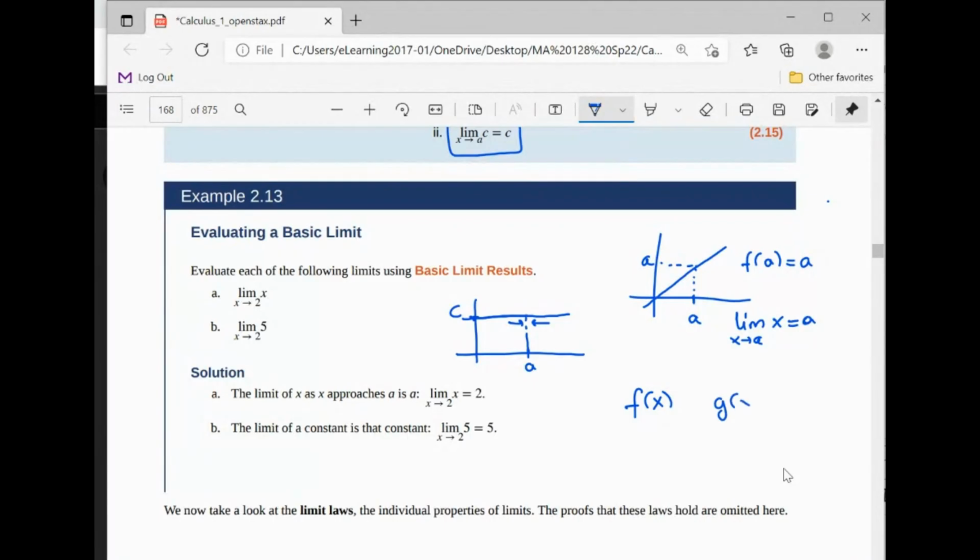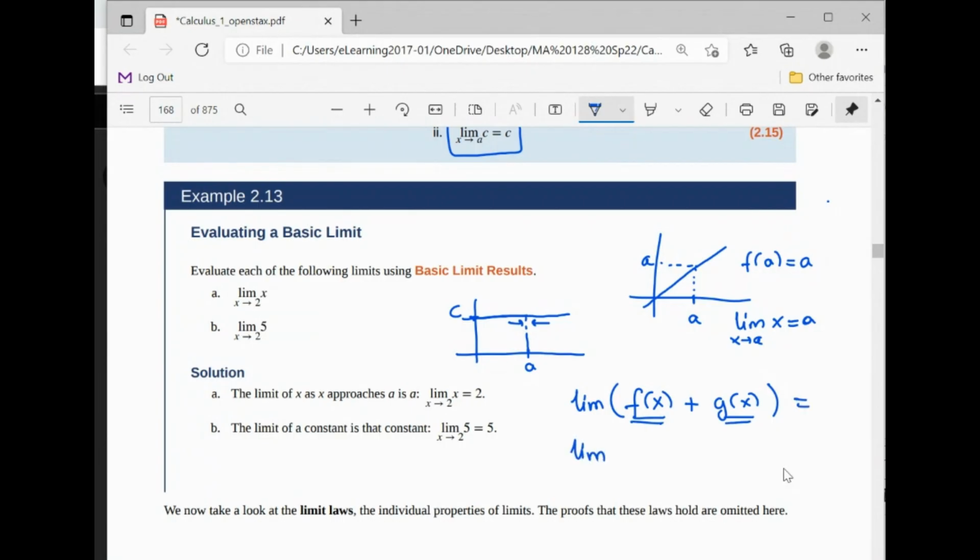So if we have two different functions, the limit laws will tell us, if you want to find the limit of the sum of these two functions, so if you have a combination of functions, let's say it's addition, that we can find the limit of f, and we can find the limit of g, and we can add those limits.